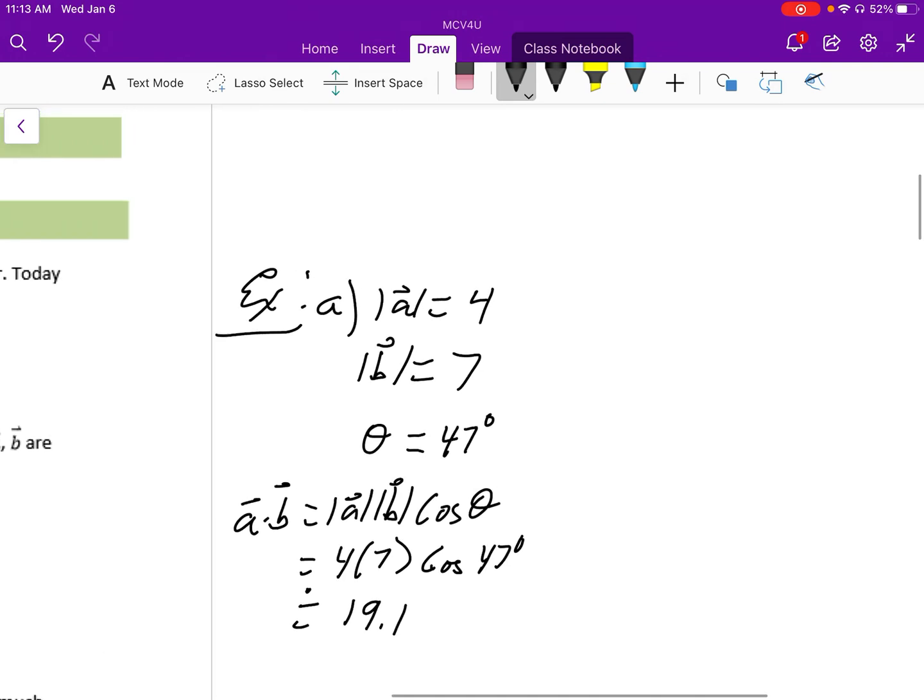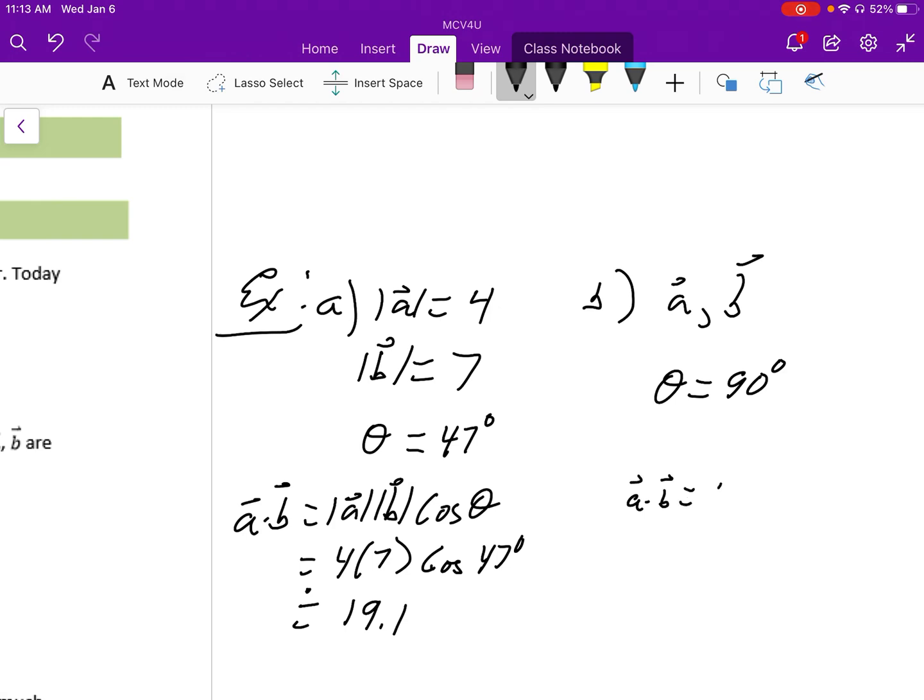Now, let's say example B. We're going to do a couple of those. Let's say we have the same A and B, but the angle between them, these are perpendicular vectors, is 90 degrees. When we take a look at the dot product, again we have the 4 times 7, but in this case, we have cos of 90 degrees.